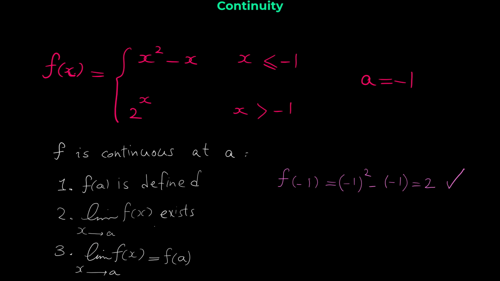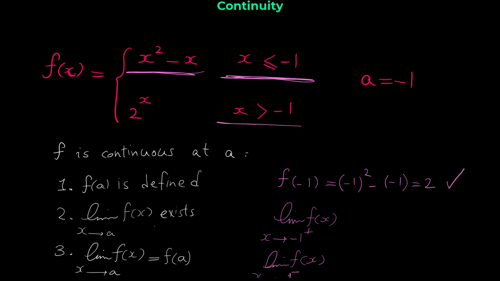For finding the limit of this function when x approaches -1, we cannot find the limit in one step. We have to find the limit of f of x when x approaches -1 from the right and the limit of f of x when x approaches -1 from the left separately. Why do we have to do so? Because when x is less than -1, you have one equation, but for greater than -1, you have another equation.